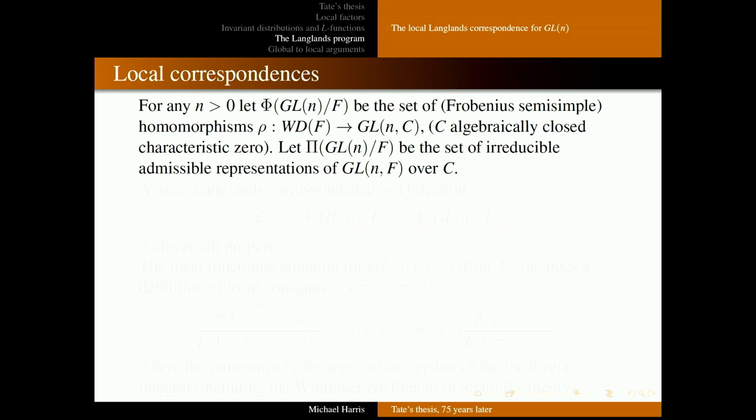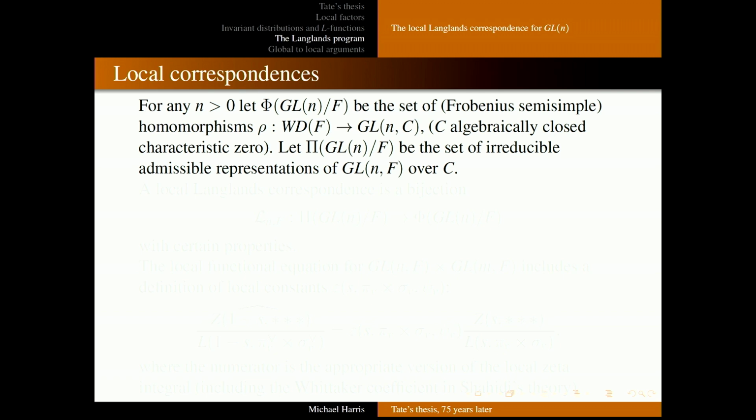All right, well, let me say something briefly about the local Langlands correspondence for GL_N. So, some notation, we let Phi(GL_N over F) be the set of local Langlands parameters, that is to say, Frobenius semi-simple homomorphisms from the Weil-Deligne group to GL_N of an algebraically closed characteristic zero field.